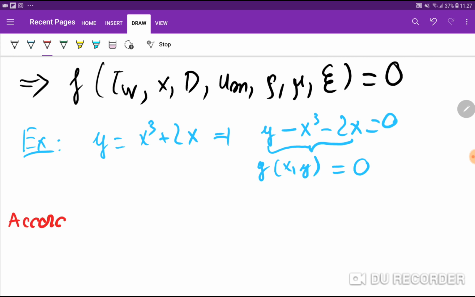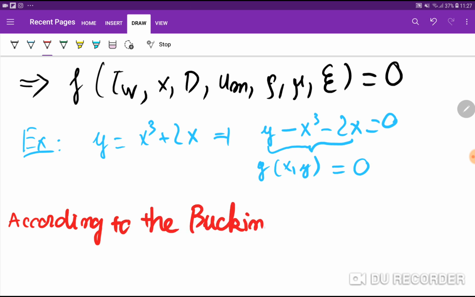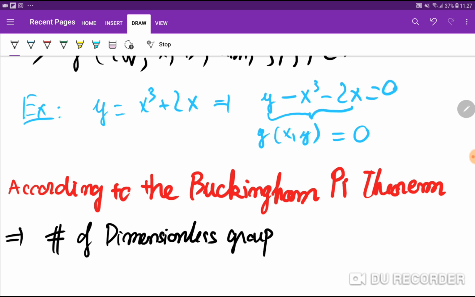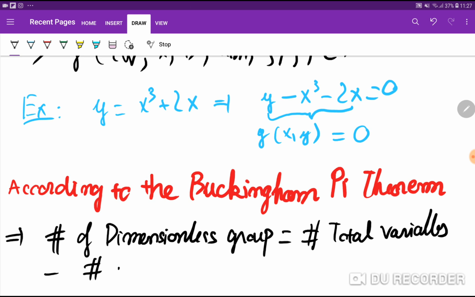According to the Buckingham pi theorem, the number of dimensionless groups is equal to the number of total variables minus the number of fundamental dimensions.